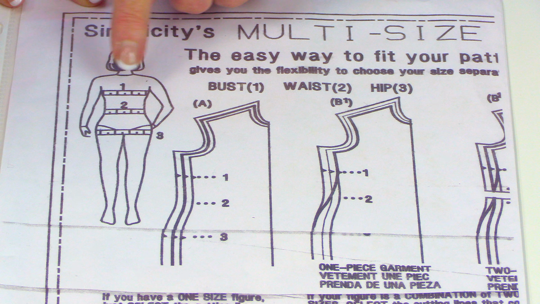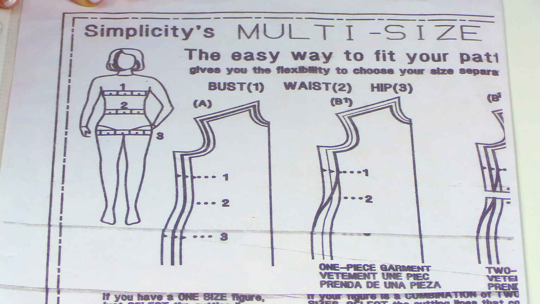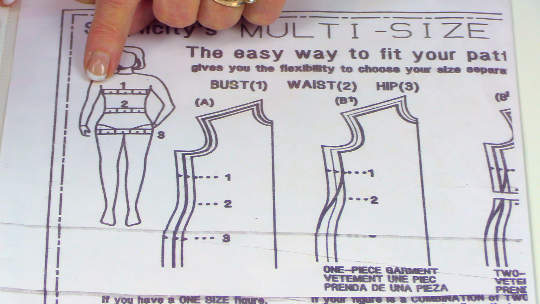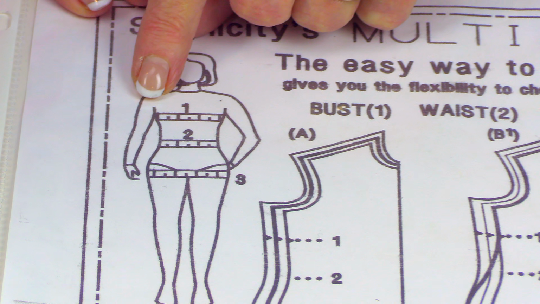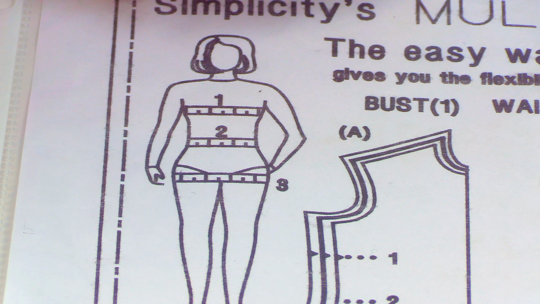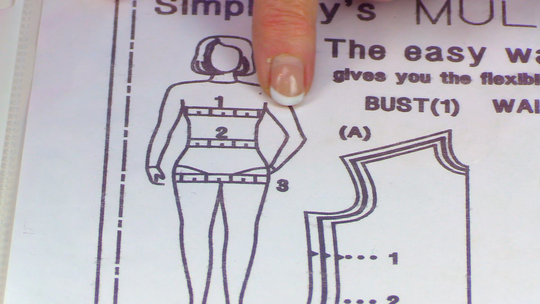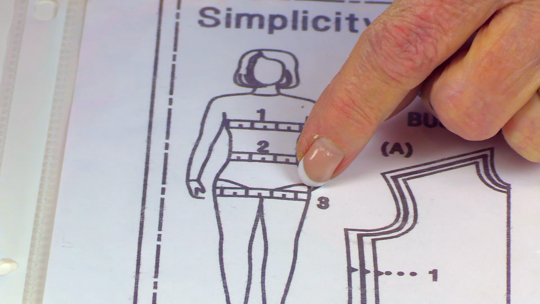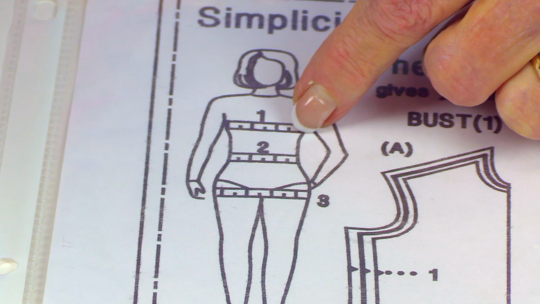Here are the three main sections you should be concerned about. So it shows here across the middle of the chest. I tell people, especially those that are large in the chest area, to measure across the widest part of your chest.